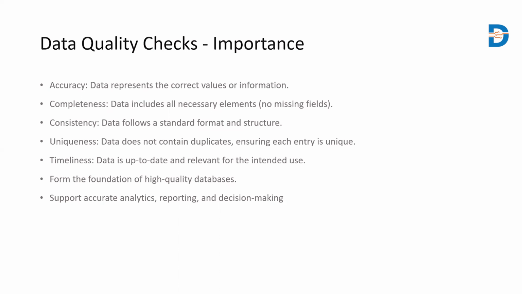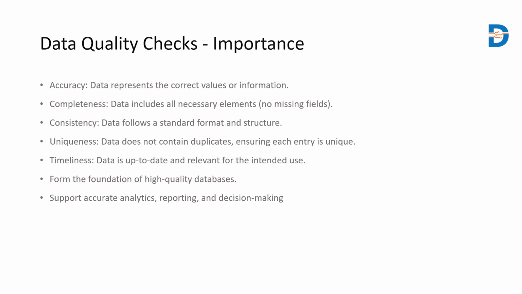These checks help us to identify and prevent errors, incorrect entries, duplicates, and inconsistencies. By validating data at various stages, businesses can maintain high data quality, which is critical for reporting, analytics, as well as decision making.